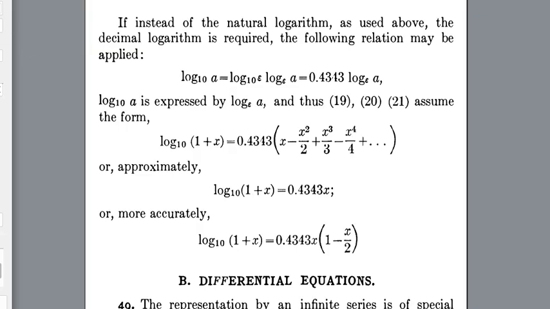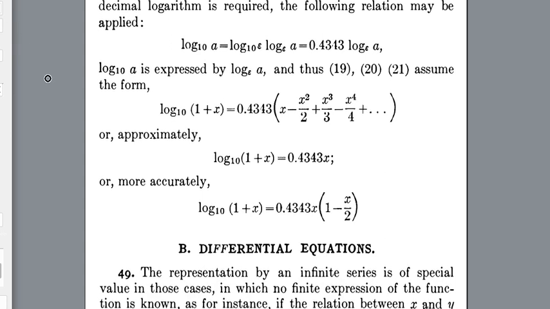The logarithm base 10 of a is expressed by the logarithm base epsilon of a, and thus equations 19, 20, and 21 assume the form: the logarithm base 10 of the quantity 1 plus x equals 0.4343 multiplied by the quantity x minus x²/2 plus x³/3 minus x⁴/4, and so on.